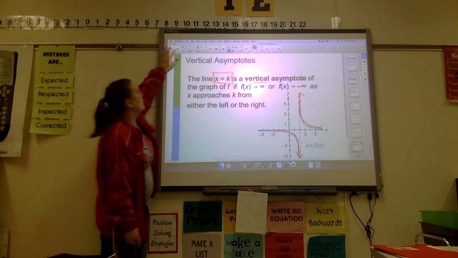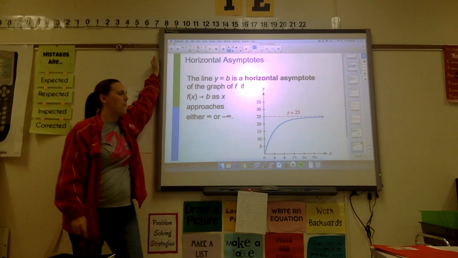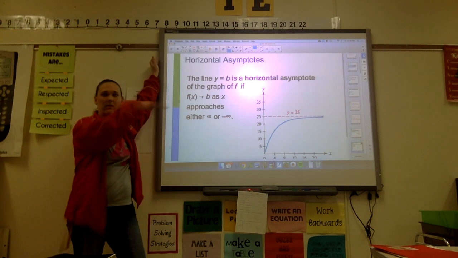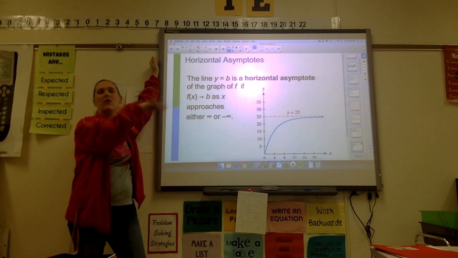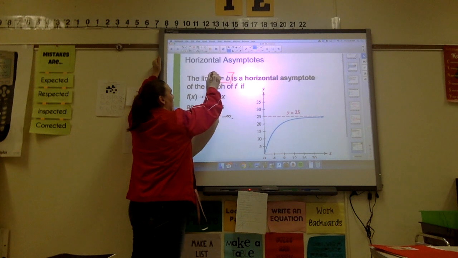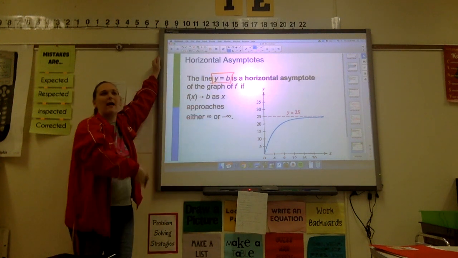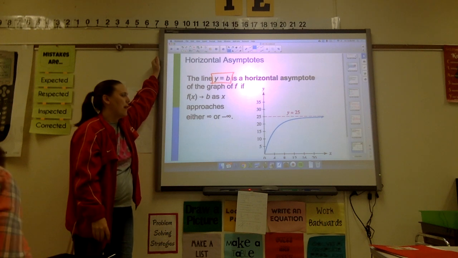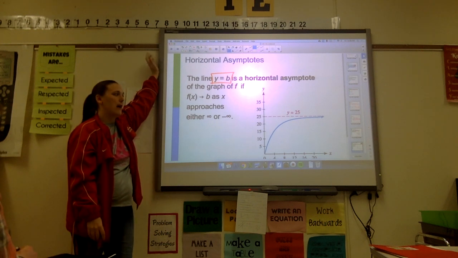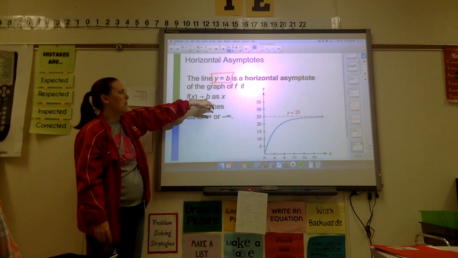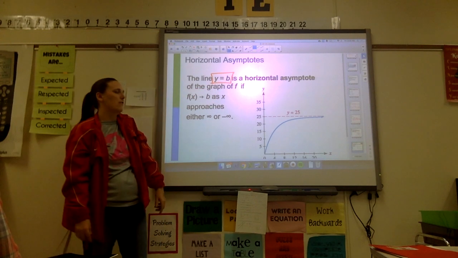There are such things as horizontal asymptotes. Which way does horizontal go? This way. What is the equation of a horizontal line? y equals a number. Vertical, x equals. Horizontal, y equals. So that one has a horizontal asymptote of y equals 25, because f of x approaches b, where b is the number, as x goes to infinity or negative infinity.